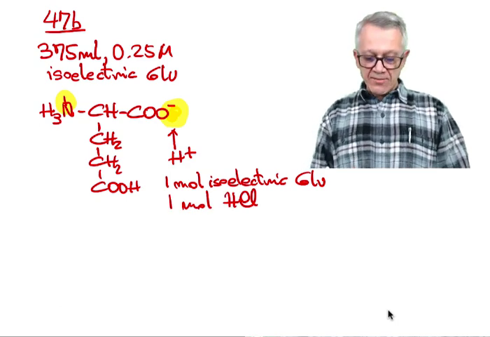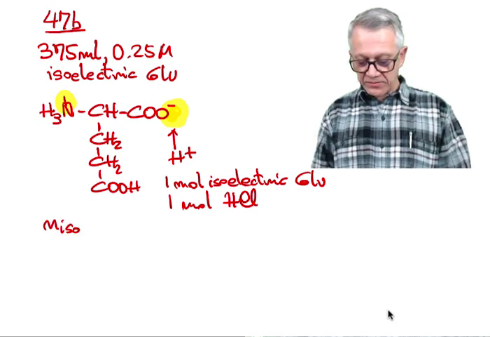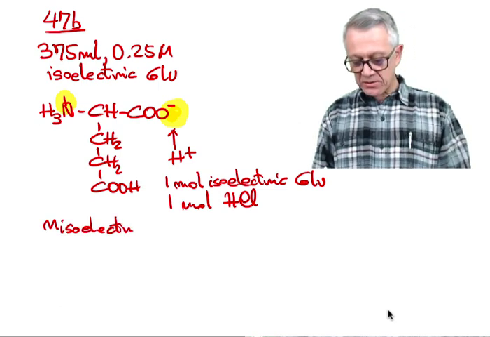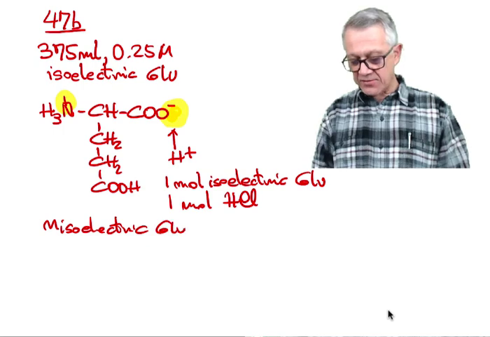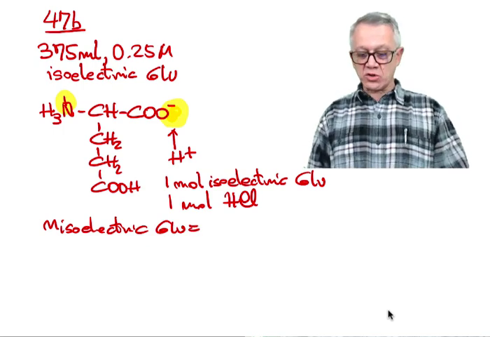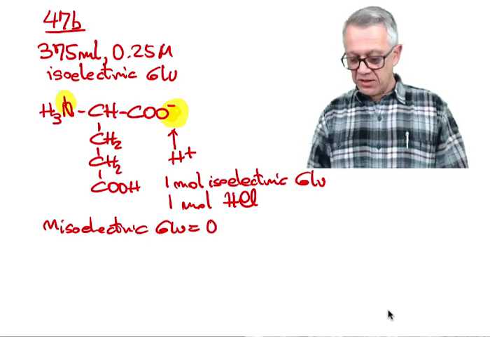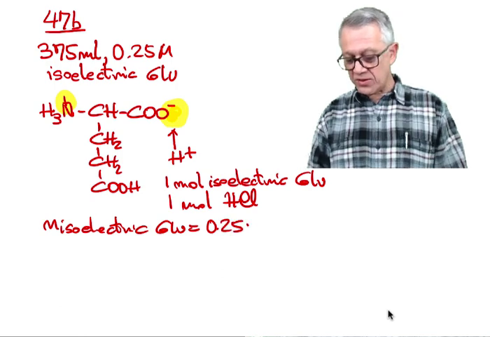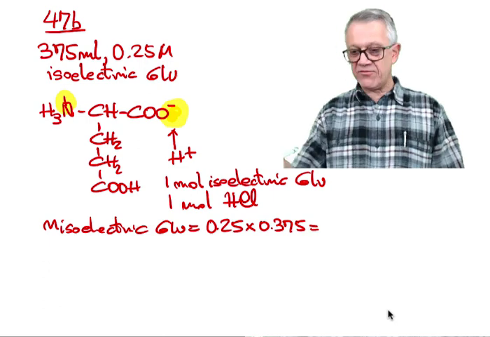So the number of moles of isoelectric glutamic acid that we have is very simple to calculate. It's the same thing as we did before: the molarity, 0.25, multiplied by the volume in liters, which is 0.375.